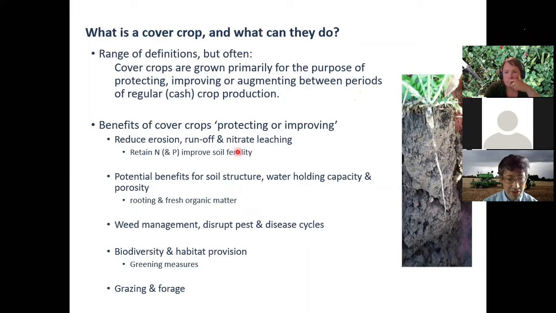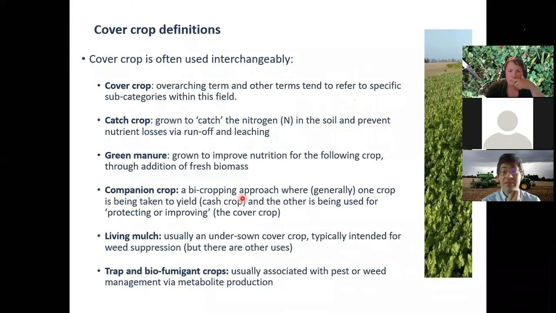There are benefits from disrupting pest and disease cycles, and potentially with weed management, although I think that can be a bit of a double-edged sword sometimes, depending on the situation. And obviously there's biodiversity and habitat provision as well through more diversity within our cropping systems. And last but by no means least, there are the benefits from grazing and forage where we have livestock within our farming systems.